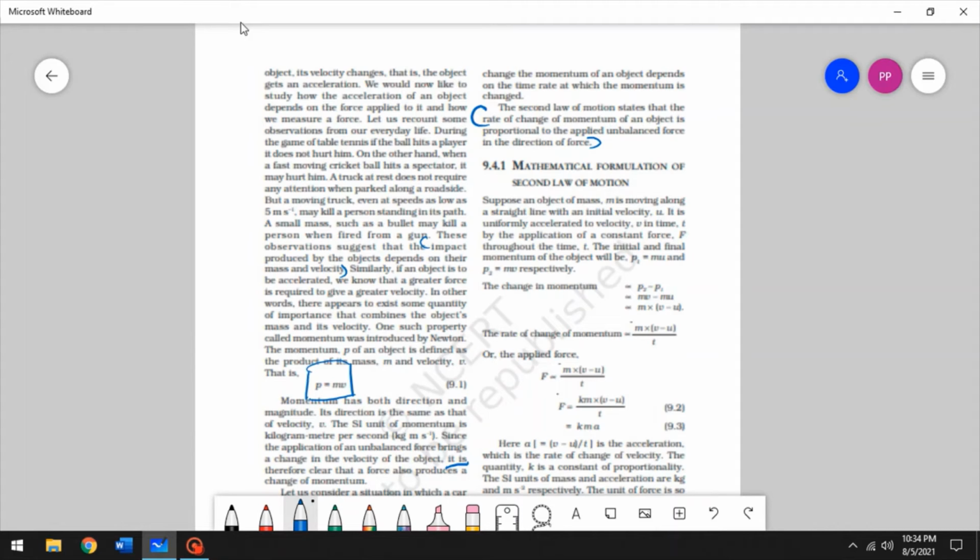Alright, so we're talking about the second law of motion, and let's see how we derived it. Here we have the change in momentum. If initial momentum was P1 and final momentum was P2, the change in momentum, let me put it as delta P, because change, that's what we learned about in the previous video, is represented by delta. So delta P is equal to P2 minus P1. And what is P2? mv.